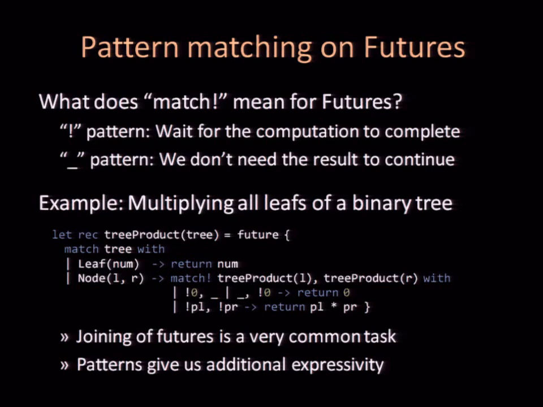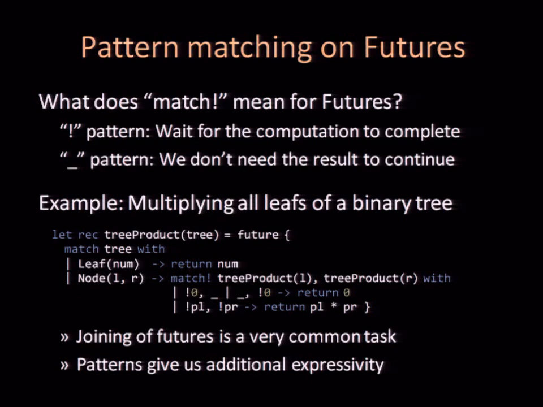The patterns are translated to something like a function that takes the value and returns a bool, whether it succeeded or not. The underscore and the bang, which expresses whether you're waiting for the event or ignoring the value, is translated to some option type. But I spent last week at Microsoft Research trying to figure out what would be the right set of primitives that let you encode this. I have some ideas, but I'm going to work on that a little bit more.